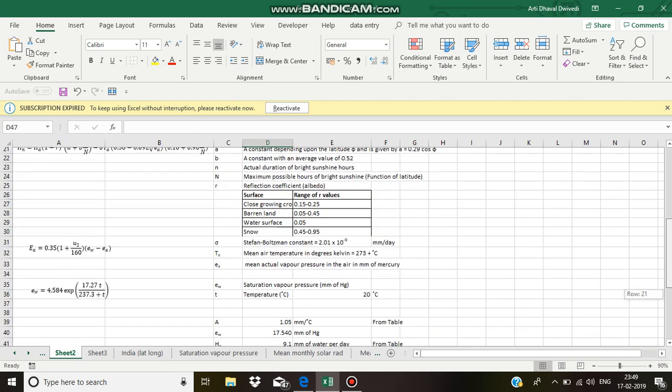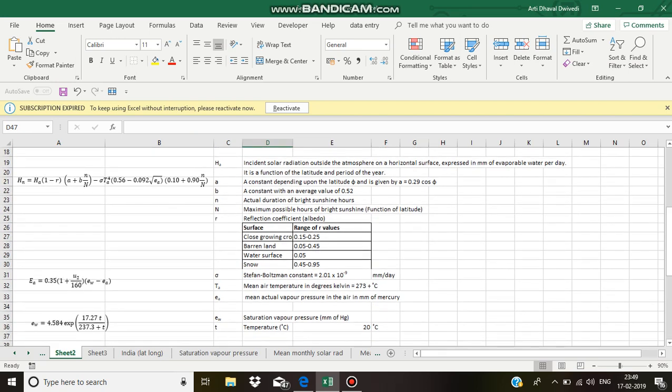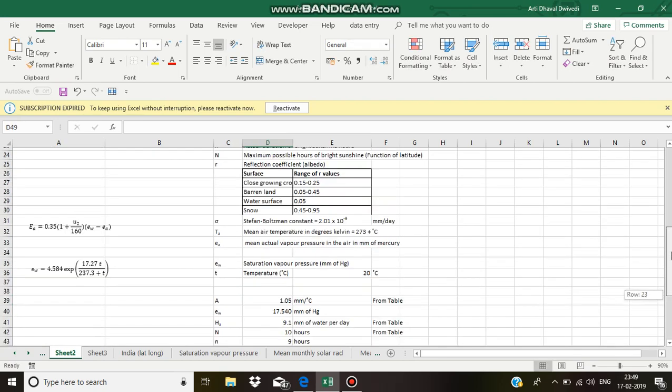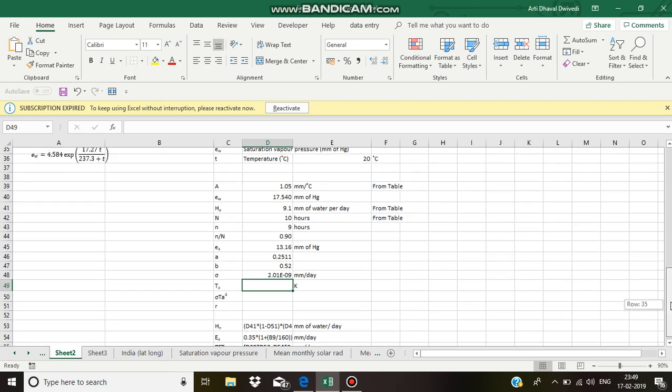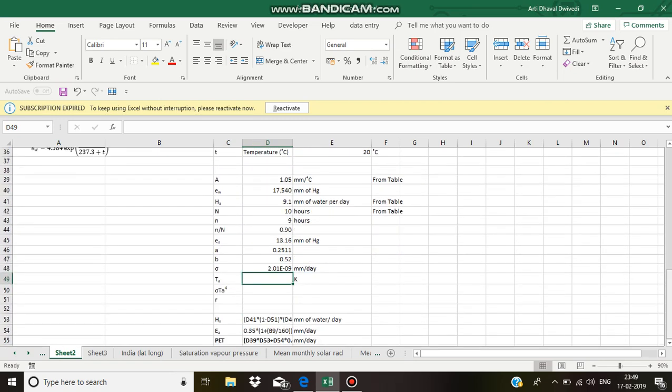The value of b is already given. It's a constant with an average value of 0.52. Stefan-Boltzmann constant 2.01 into 10 raised to minus 9 mm per day. Now the value of TA. TA is 273 plus degrees Celsius.